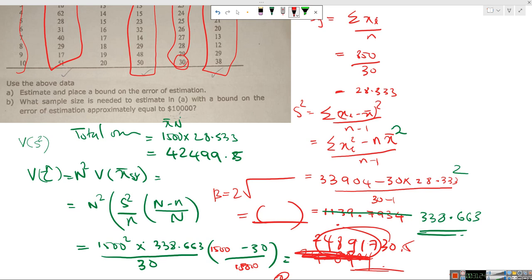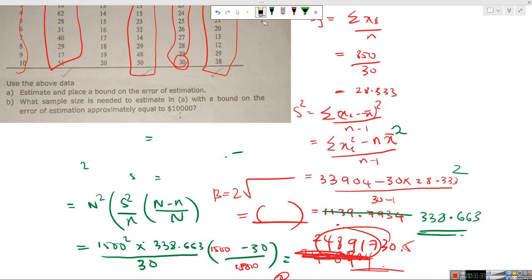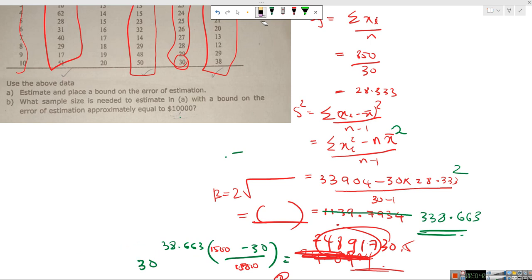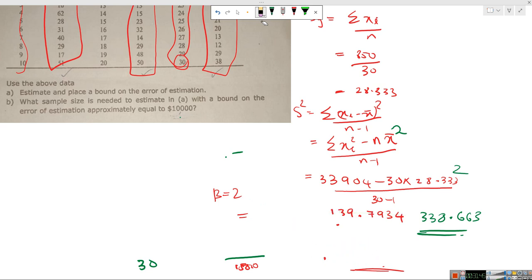So for the B part, let me erase all this stuff. For the B part, B is equal to 10,000.